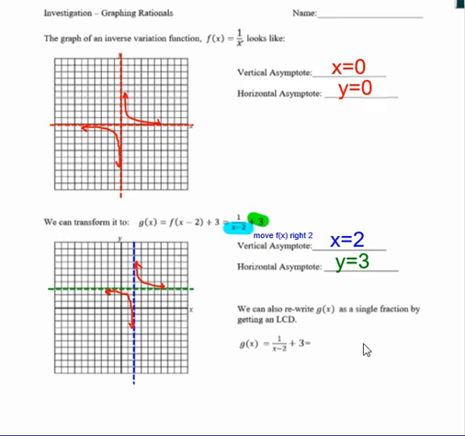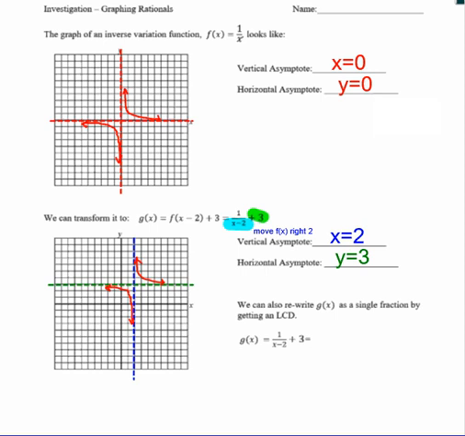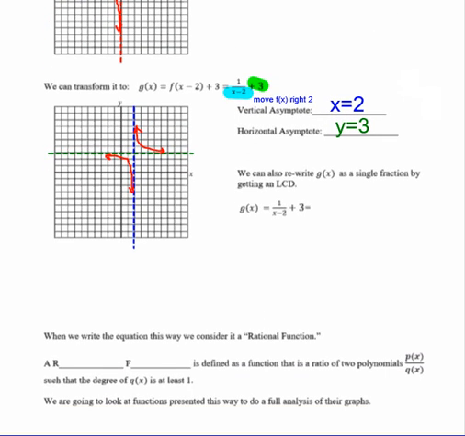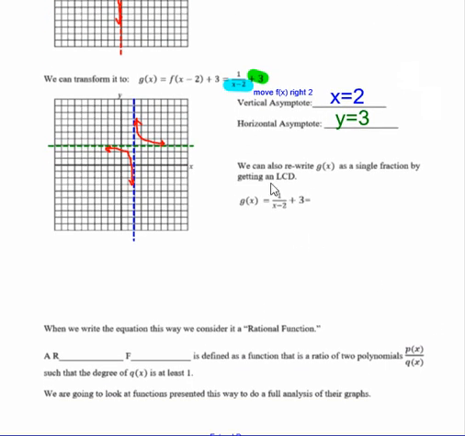We're now going to look at what if we wrote this equation using a common denominator so that we could write it as a single fraction. So to do that, we'd have to look and decide that the denominator is going to be x minus 2. And to create that common denominator of x minus 2, we'll multiply both the top and bottom of the second term, the constant 3, by x minus 2.